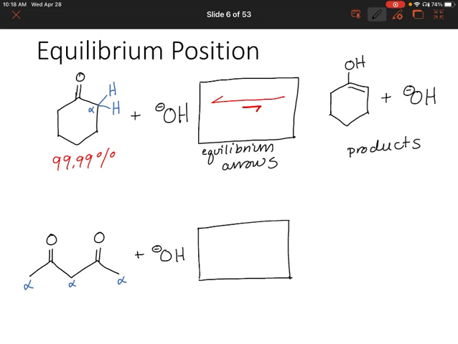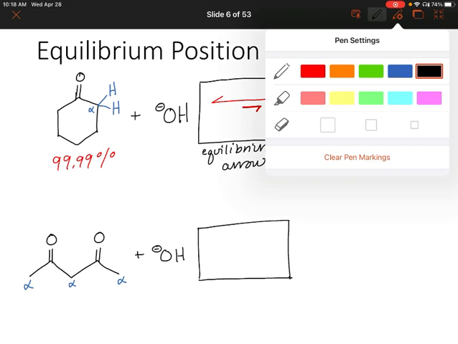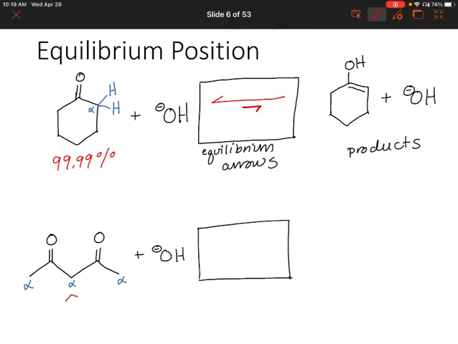Which one do you think the hydroxide ion will attack? The left carbon, the middle carbon, or the right carbon? The middle carbon, right? Because then we would have 2 resonance structures, one on the left and one on the right. So we'll just draw an arrow to that middle alpha carbon.